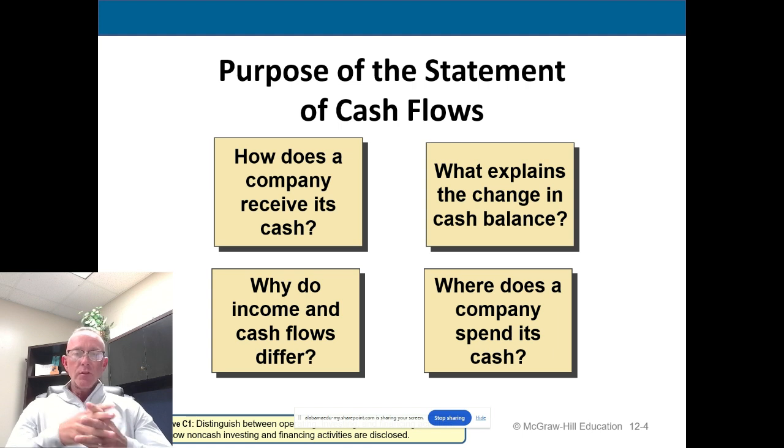The information that we use for the statement of cash flows is the same information. We're just going to analyze the income statement, our statement of retained earnings, and our balance sheet to find this data. So it's already available to us, but we're going to look at how I can find my cash. It's a big proof, is what it is. It's a big, long, financial statement form of proof to analyze the change in cash from one year to the next.